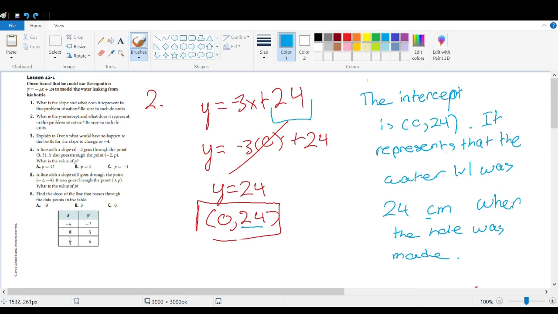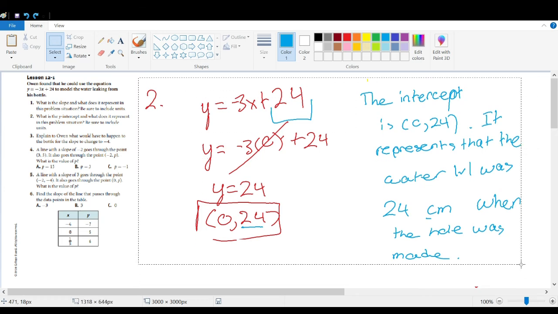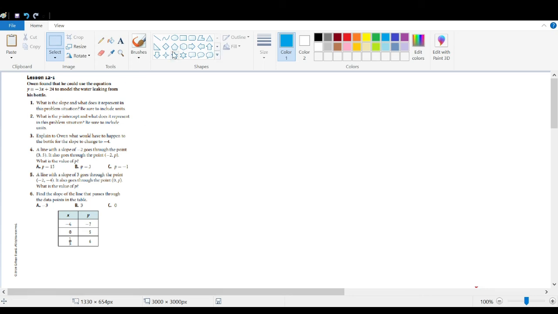So we have the coefficient, which is the slope, the -3, and then we have the constant, the 24, which is the y-coordinate of the y-intercept. So -3 is the slope, 24 is the y-coordinate of the y-intercept. Don't make that confusion. All right, so there we go. That's number 2. So now let's look at number 3.